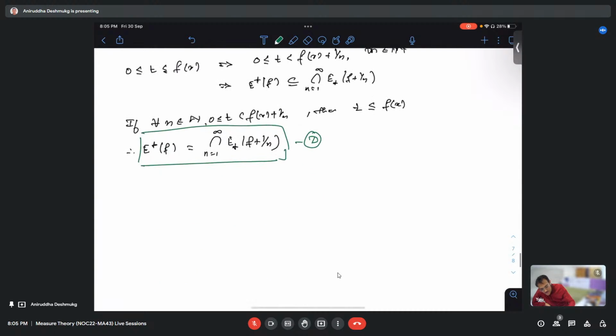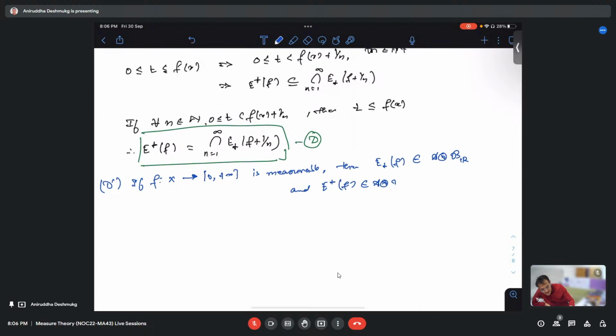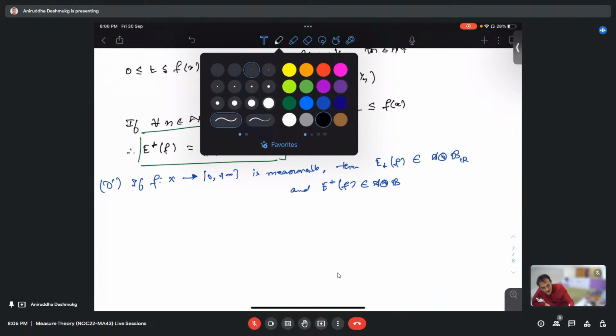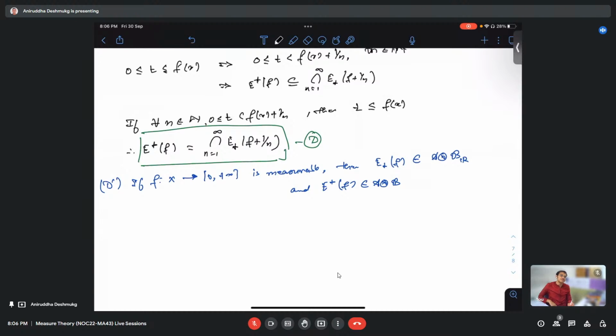And what we can conclude from here, maybe I'll write it as D prime, is that if f from X to 0 infinity is a measurable function, then E lower star f is inside A cross B, and E upper star f is also inside A cross B. That is because if f is a non-negative measurable function and g is a non-negative measurable function, then their addition is a non-negative measurable function.